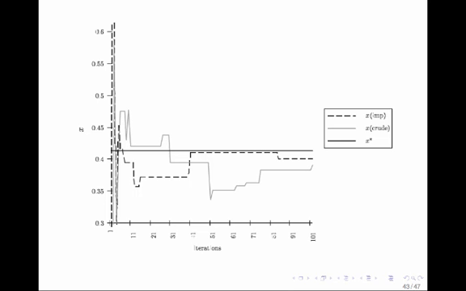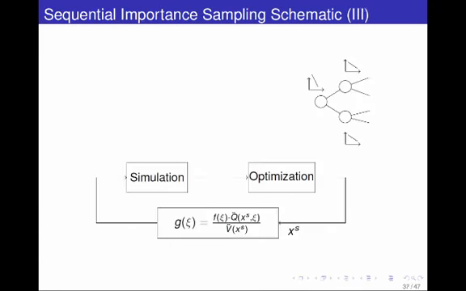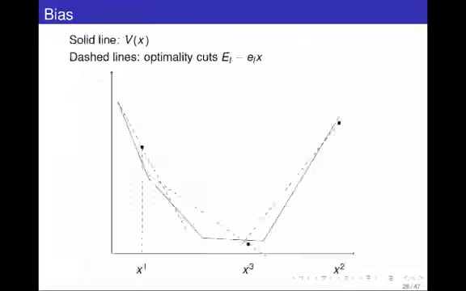Based on what I told you earlier, can you justify why this might happen? The bias? Exactly, the bias. You're crowding your value function estimate here.